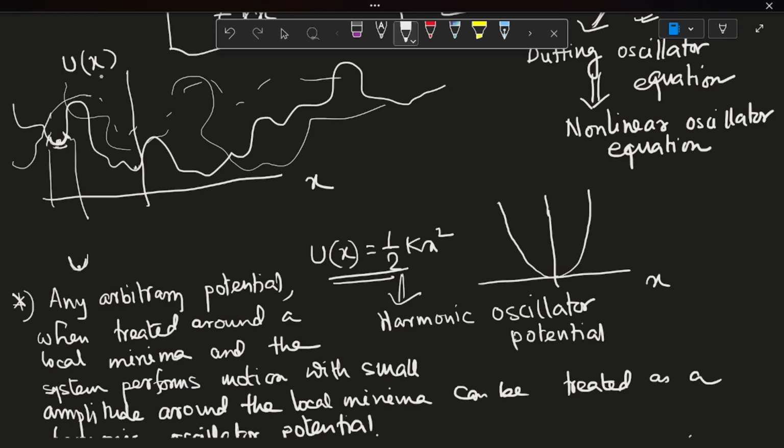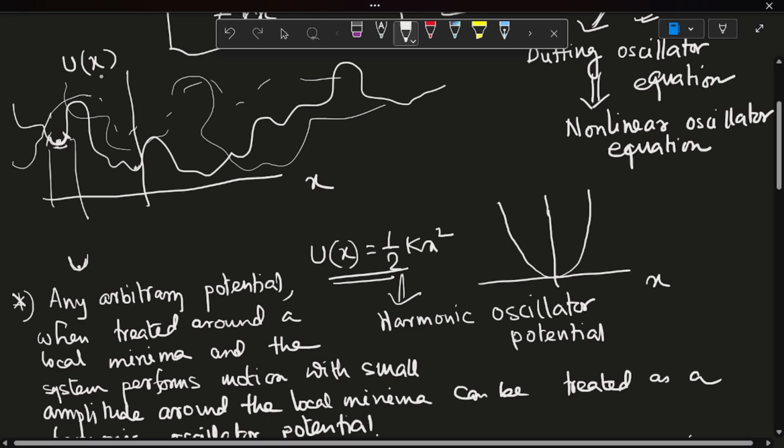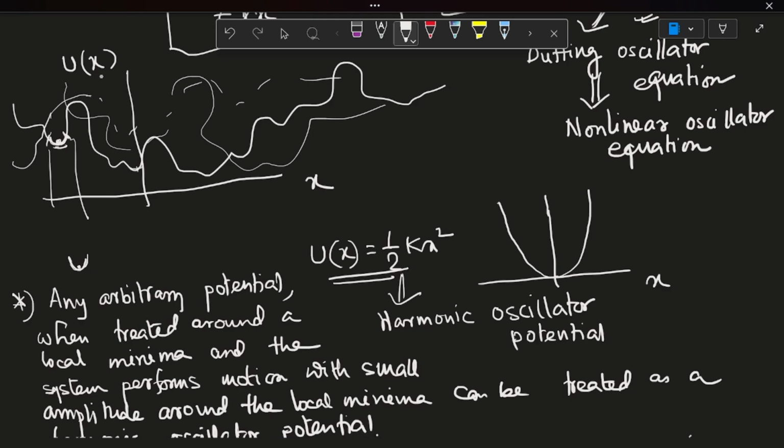If the system is trapped around the local minima and performs motion with very small amplitude around that minima, then its motion can be treated as a harmonic oscillator. So we can apply the methods that we generally use for harmonic oscillator systems.